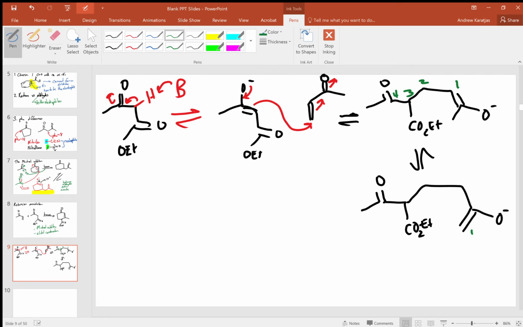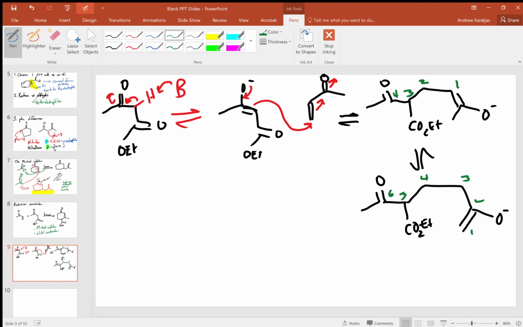But if this enolate attacks, we get a much more stable six-membered ring. And so even though it's not favorable for this step to go forward, if this step does occur, then we're able to go on to cyclize.